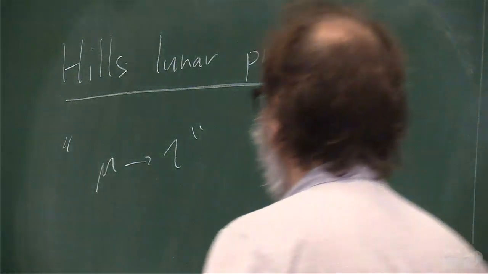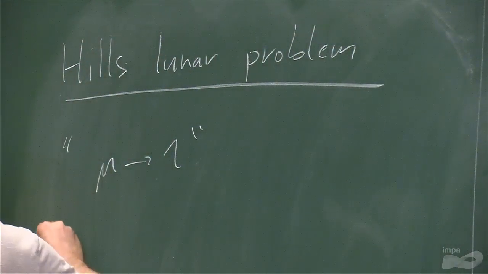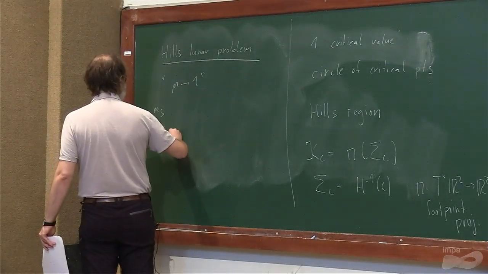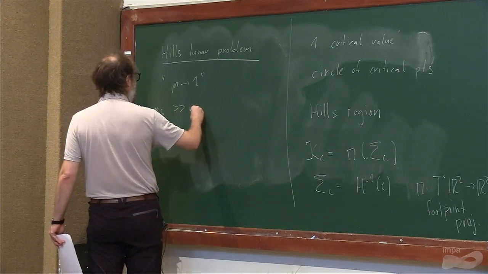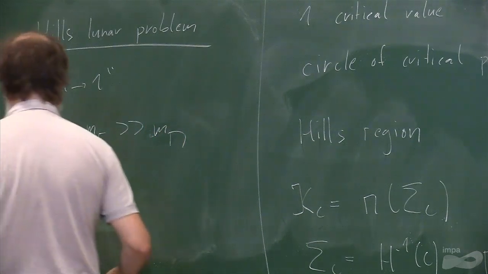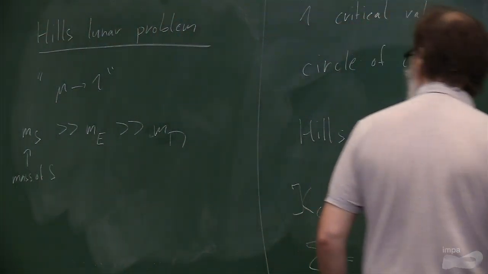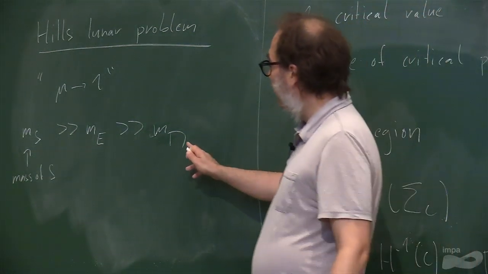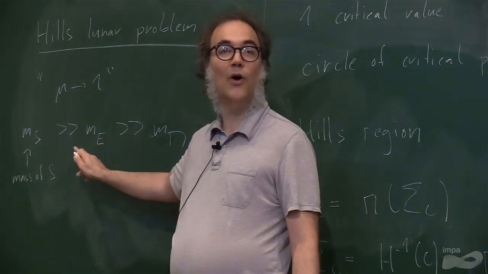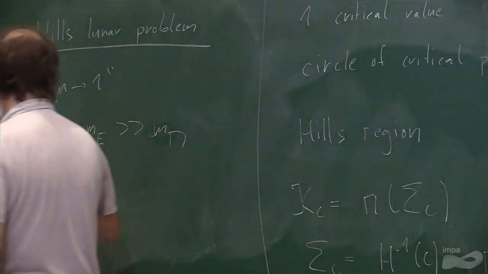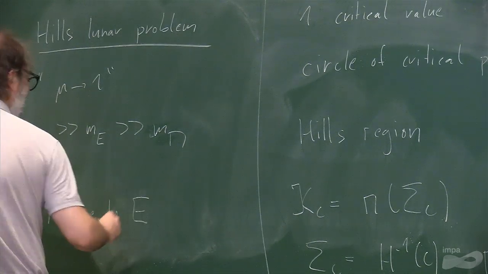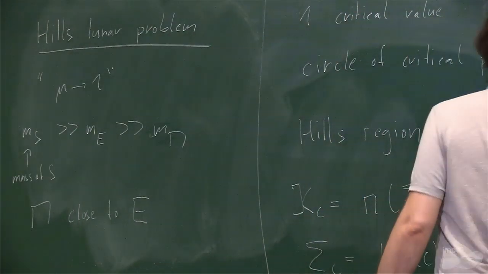So the mass of the Sun is much, much bigger than the mass of the Earth, and this is much, much bigger than the mass of the Moon. But what we want to consider, and this fits with our Moon, is that the Moon is actually close to the Earth. So M is close to E. So we have this kind of picture.